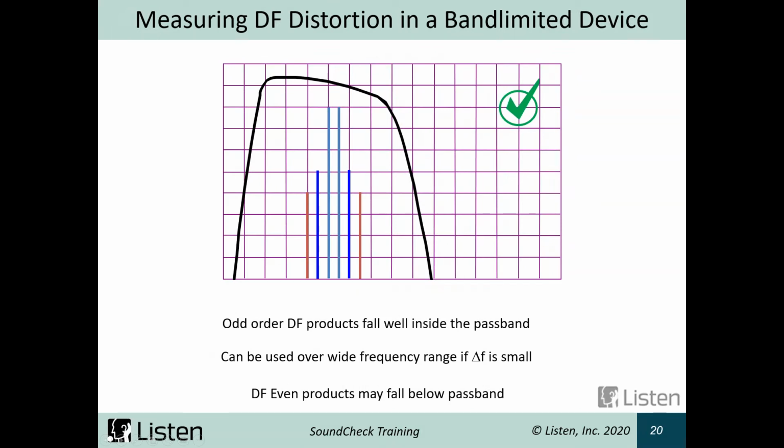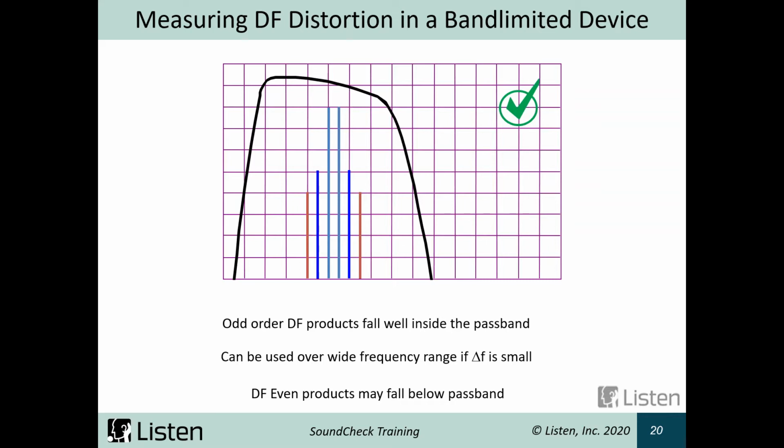But difference frequency distortion: as we're sweeping with F1 and F2, the odd order products fall within the passband. Remember, the odd order products are following with F1 and F2 as they're sweeping. We can use this over a really wide frequency range if the difference between F1 and F2 is small.